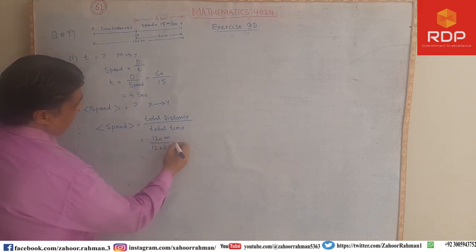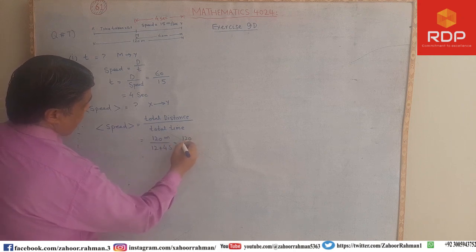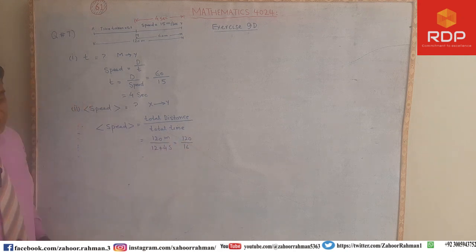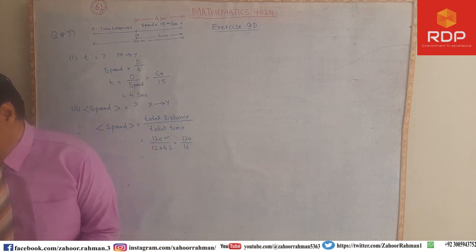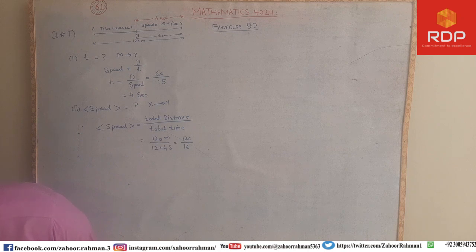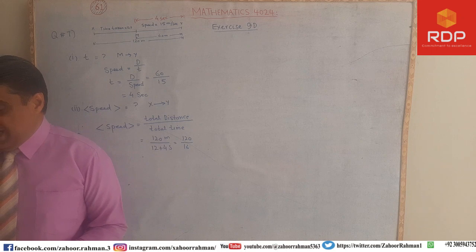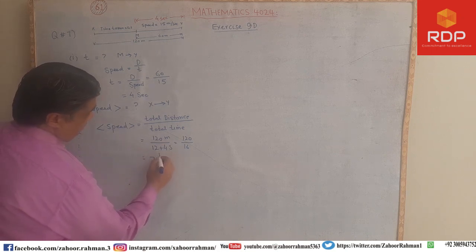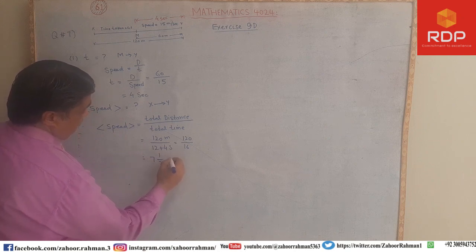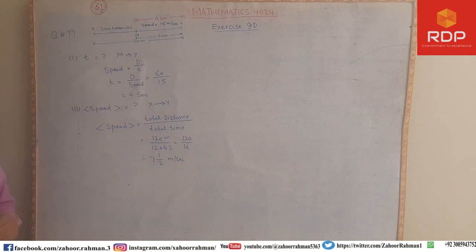Now we will write it as 120 divided by 16, and when we calculate it we will get the required answer, and that is 7 whole 1 over 2 meter per second. That is the whole story about question number 7.